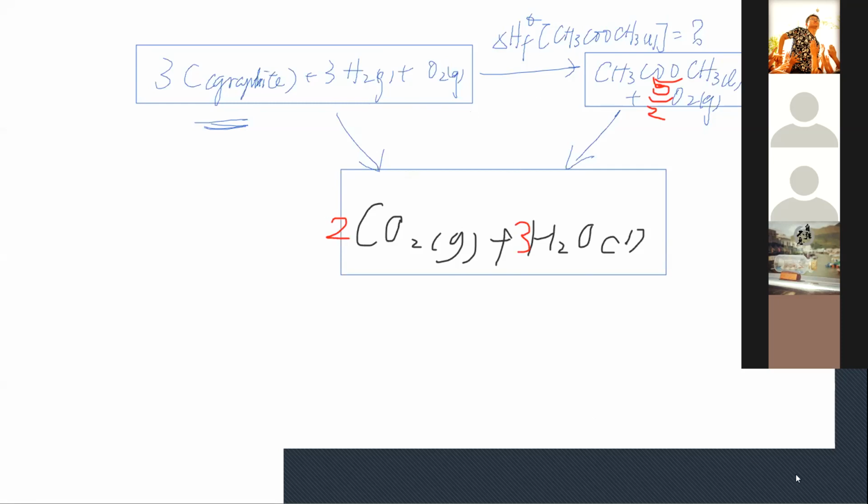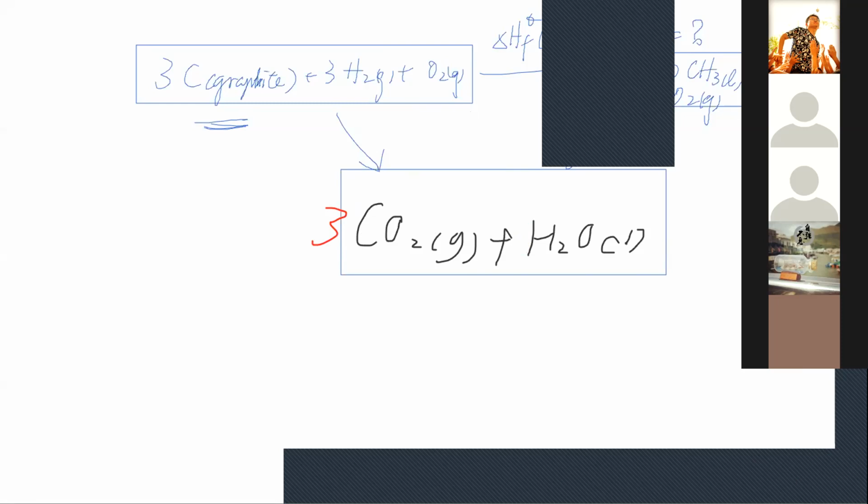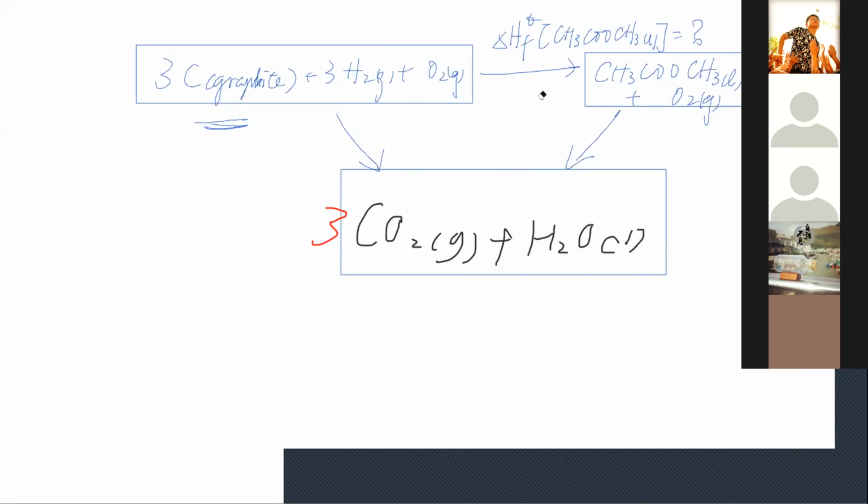2 CO2. Who wrote 2 CO2? Not correct. How many carbons are there? Yes, that should be 3. So what's next? You've got 3 CO2. And then water is 3.